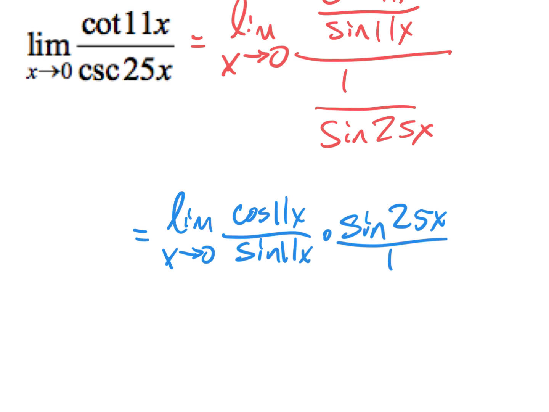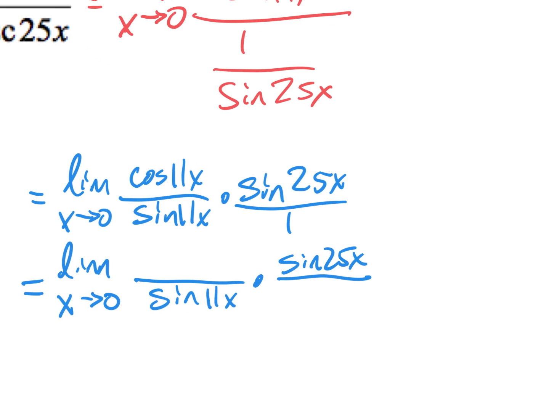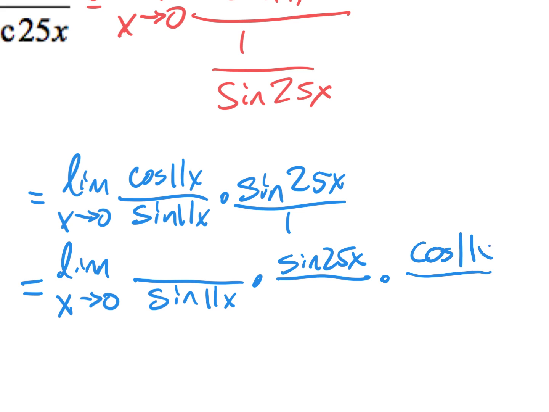So let me rearrange this one more time. I'm going to play a little wishing game here. Sine of 25x, we'll fill in the other parts later, and then cosine 11x. Do I have all the parts? Got that cosine there. Got the sine of 25x on top and the sine of 11x on the bottom.